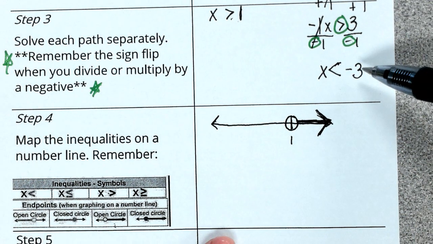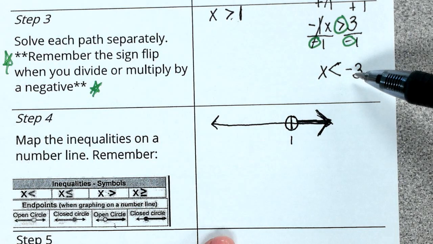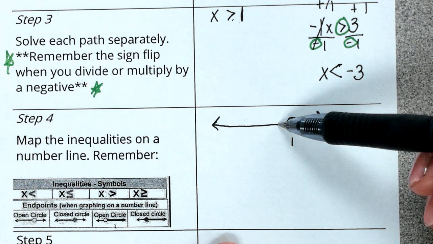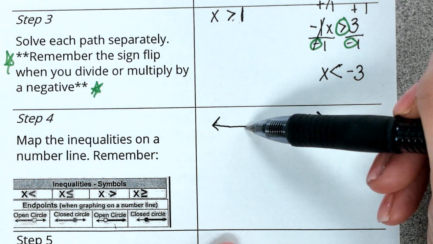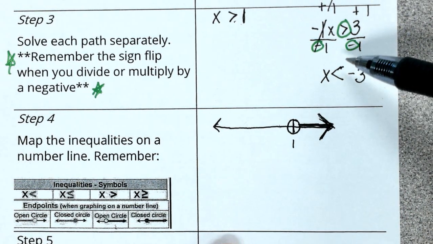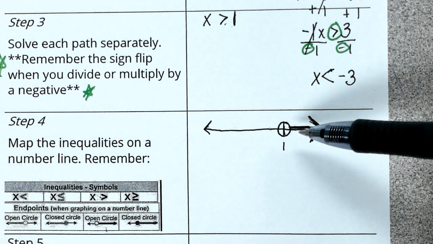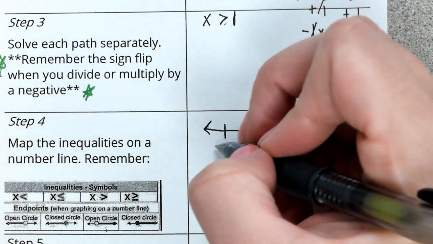Then I have this one right here. x is less than negative 3. So you don't have to build a number line and put all the right tick marks. You just have to make sure the numbers are in the right spot. Like negative 3 comes before the number 1 on a number line, right? So just pick a spot, call it negative 3.